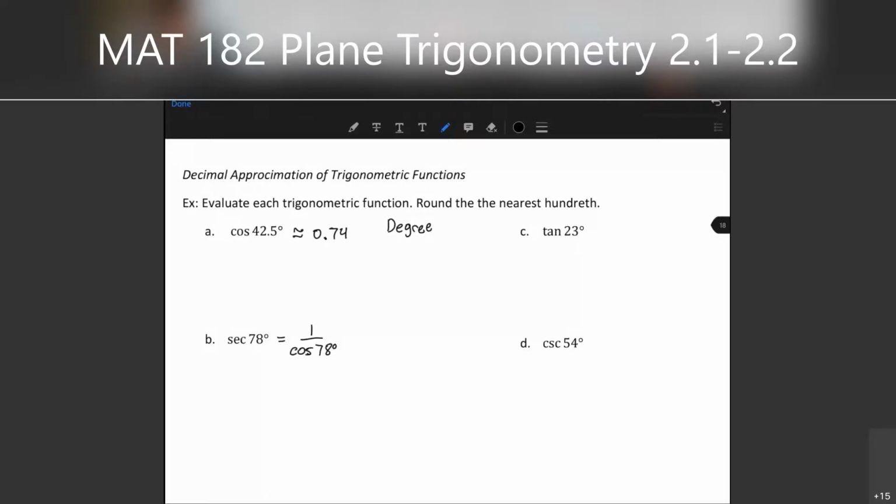If we try 1 divided by cosine of 78 degrees, cosine is in our calculator, so we can use that. What do we end up getting for that ratio? Anya, I think you've got it, 4.81. You can confirm that in your calculator.